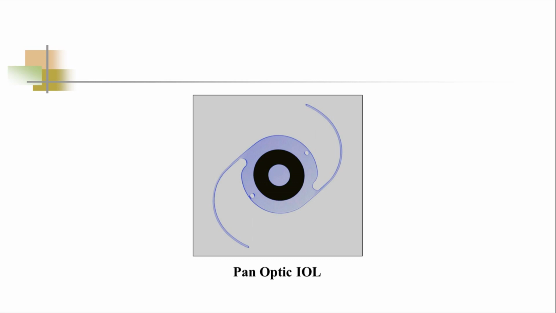During dim light conditions and when the pupil dilates beyond 3.5 millimeters, light enters the eye through the periphery of the lens. It can correct surgically induced astigmatism up to 1.5 diopters based on the same pinhole principle. The lens is designed for in the bag placement for better centration.